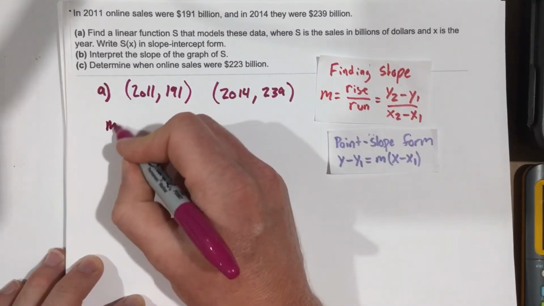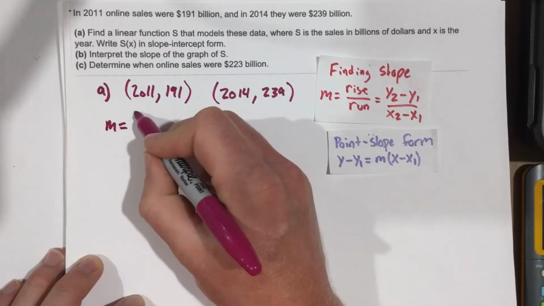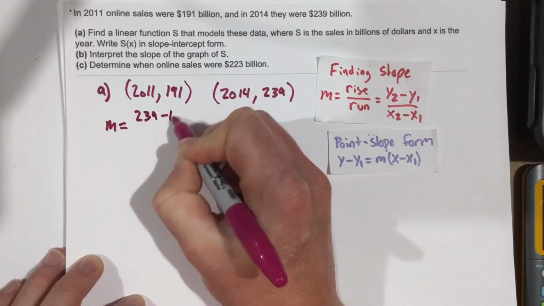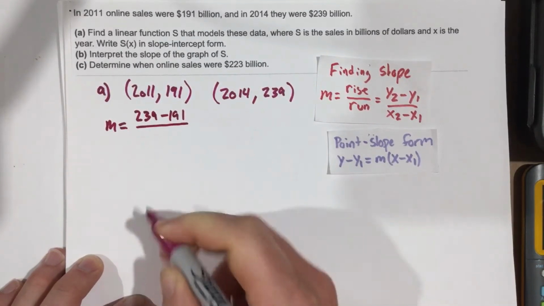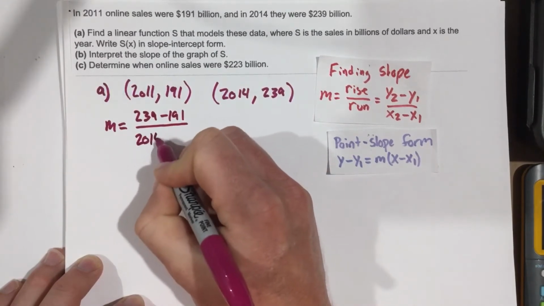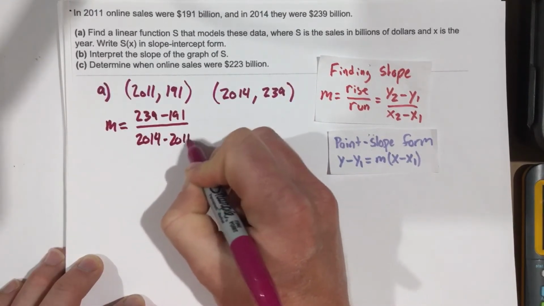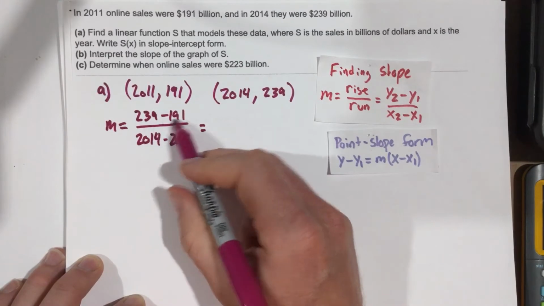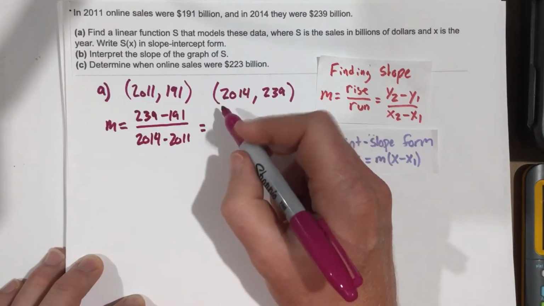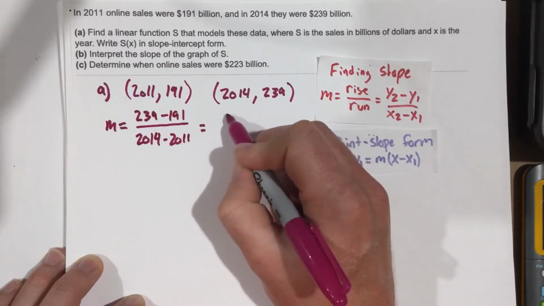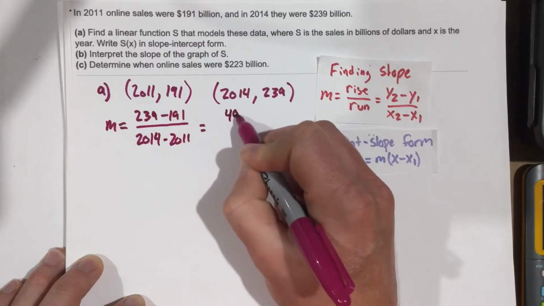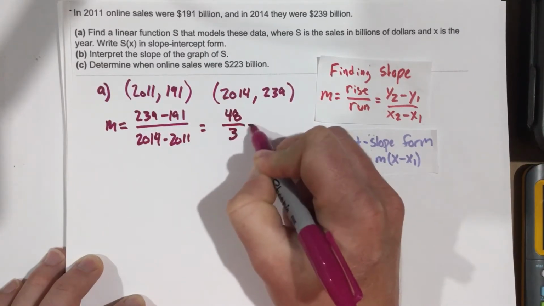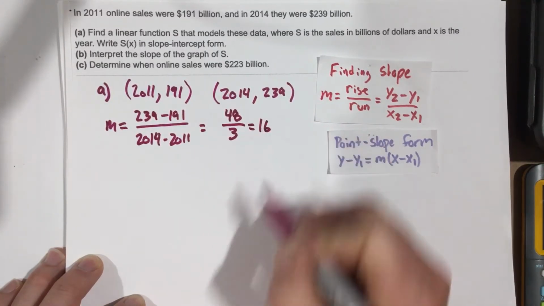So we're going to say m equals 239 minus 191 over 2014 minus 2011. That's what, 39 and 9, 48. So we get 48 over 3, which reduces to 16.